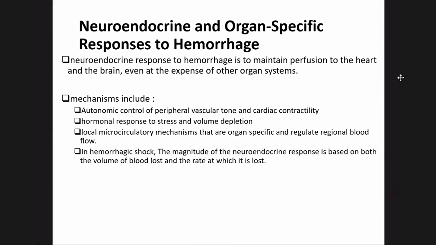So we have neuroendocrine and organ-specific responses to hemorrhage. The neuroendocrine response is to maintain perfusion to the heart and the brain, even at the expense of other organ systems.